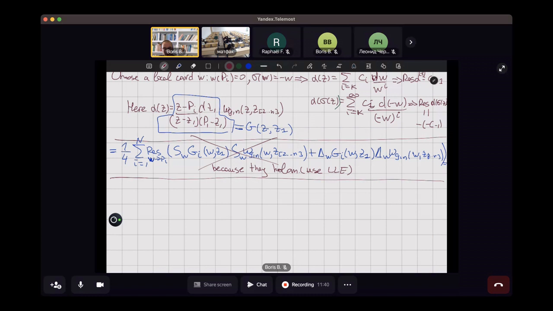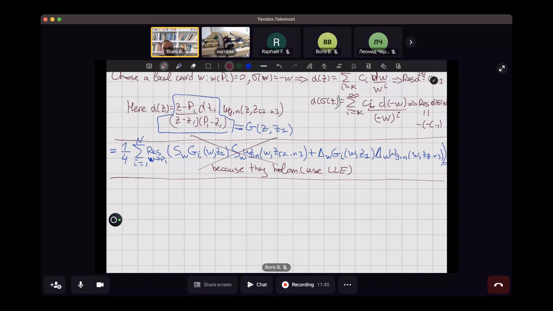So S omega 0 1 of w S w omega g n plus 1 of w z2 ... zn minus delta, plus, as before, omega 0 1 of w delta w omega g n plus 1, plus sum prime.